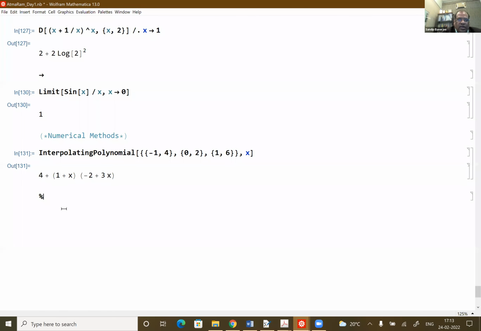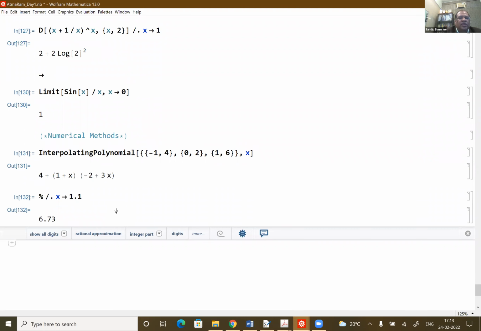So percentage, then as usual, slash dot x arrow 1.1. So this percentage will take this output and put in the value x equal to 1.1 and it should give me something.